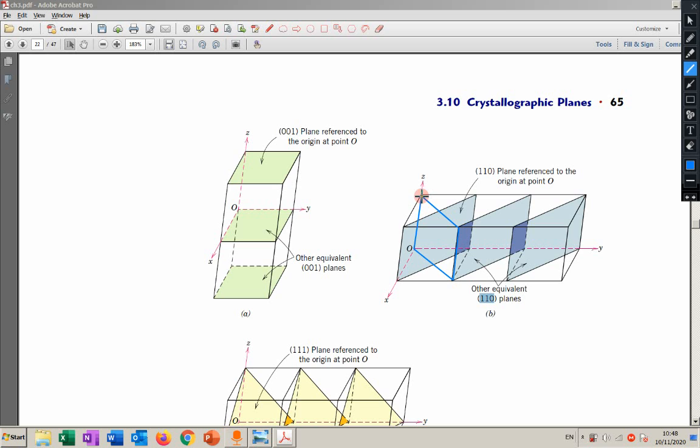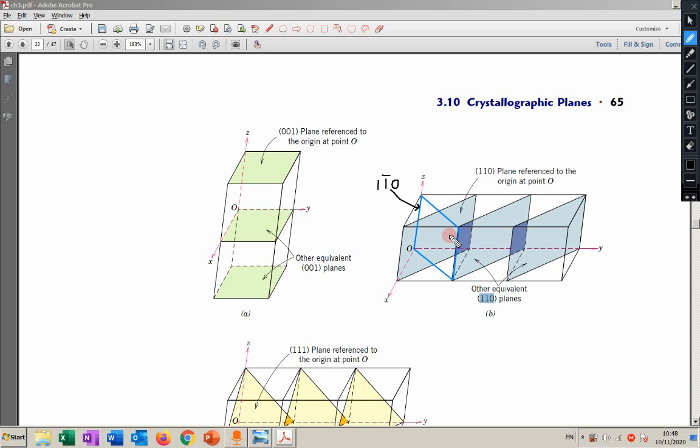What is this going to be? It's parallel to Z, and it's coming from the origin, so it has to come here. Sorry, this is going to be 1 here, and minus 1 here, so 1, minus 1, 0.